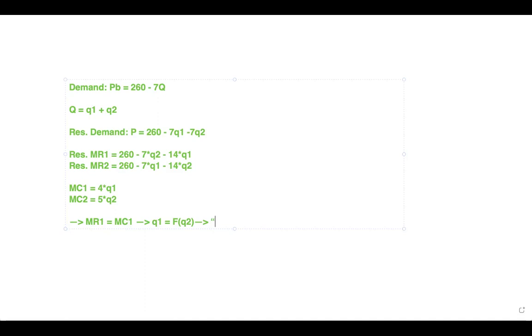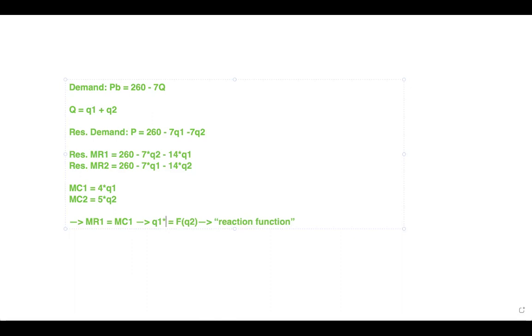Tell me if this makes sense to you. Notice we have this MR1 is equal to MC1, right? And then we end up with this reaction function, right? And notice that we're describing firm one's behavior. This would be the Q1 part of it, and we haven't done it yet, but you'll see a real life example in a minute.